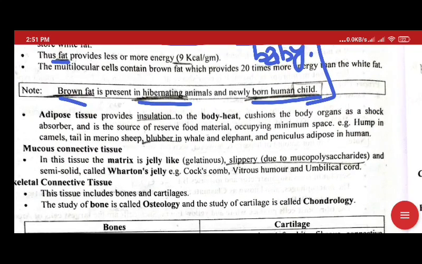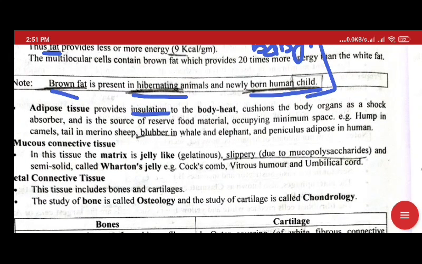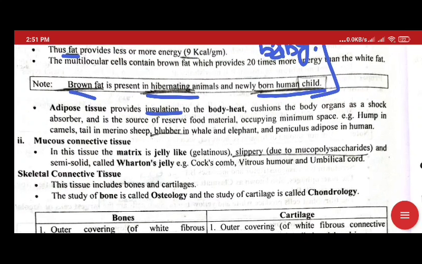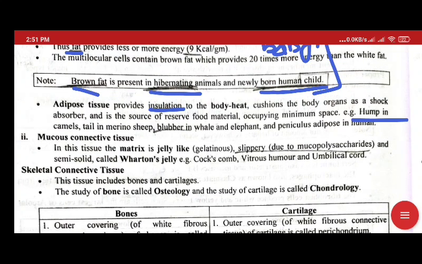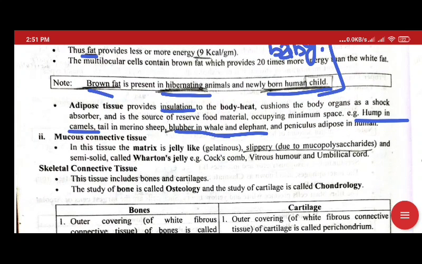Adipose tissue is insulation. We have body heat or balance body temperature. So here we have examples: hump in camel, bubbles in whale and elephant. This is present in unicellular adipocyte.